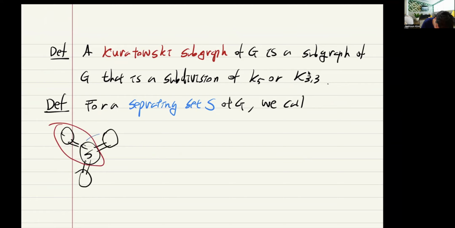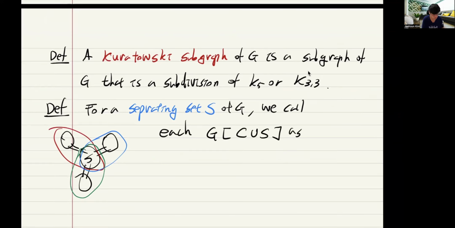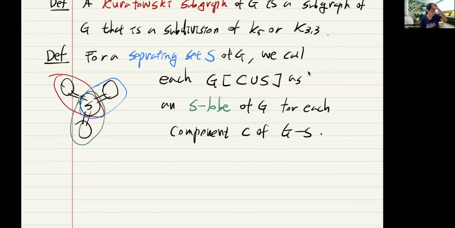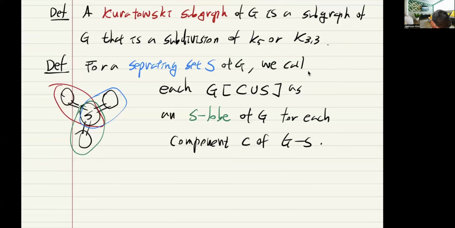We take each of these, or these, or these, and call each G induced by C union S an F-lobe of G, for each component C of G minus F. Okay, so we define this terminology.